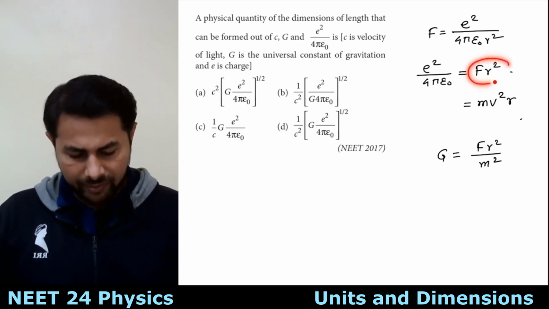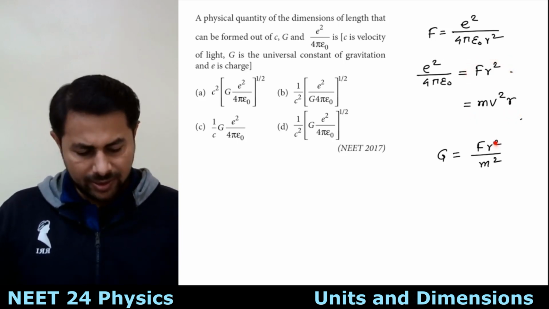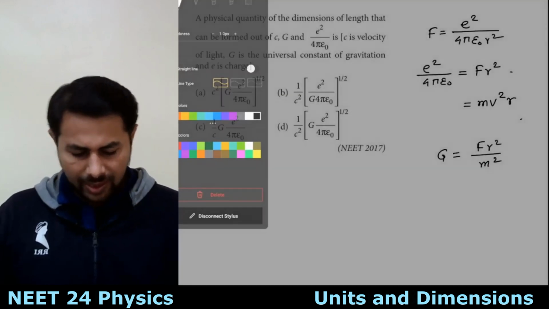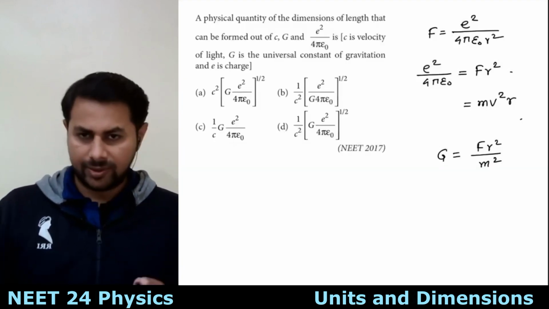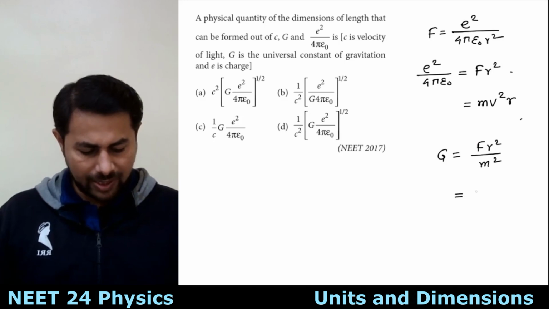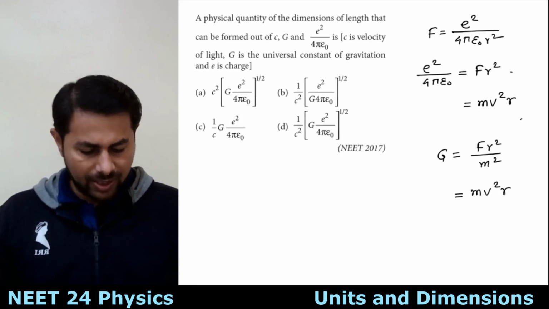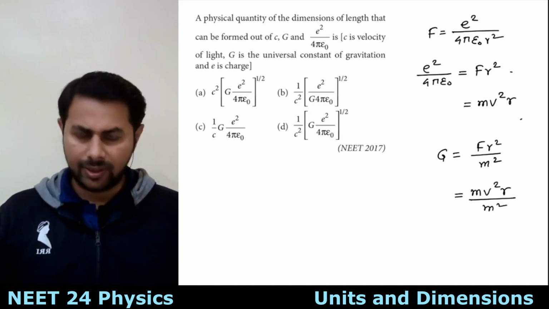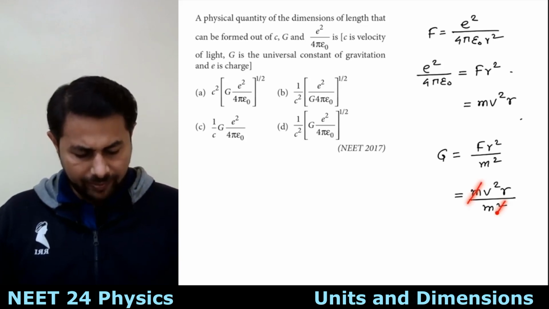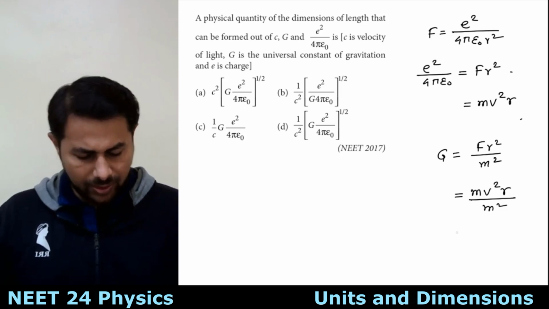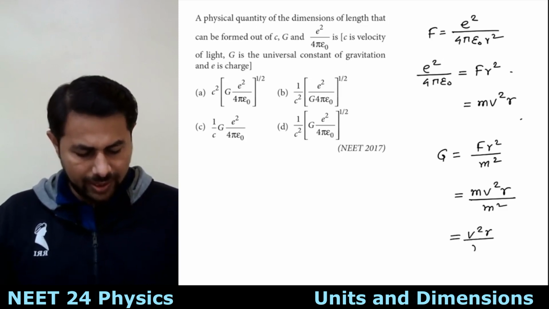So this thing is m v square times r, and this thing is what? Again F r can be written as m v square. So this is m v square times r divided by m square. This m gets cancelled with the square, and therefore you have v square r by m.